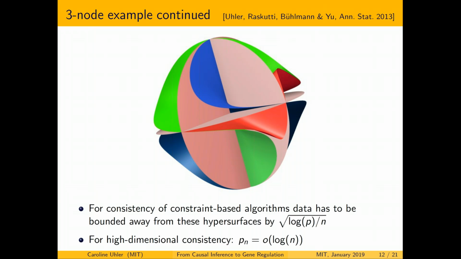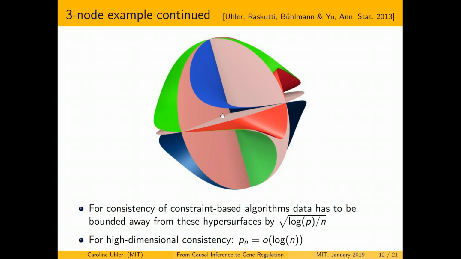And you can show that this is really bad. Basically, you can show that the networks have to be pretty small and your data size has to be very, very large for you to even have any space left after you're fattening up all these hypersurfaces. So this nicely explains why these algorithms need a lot of data in order to work.